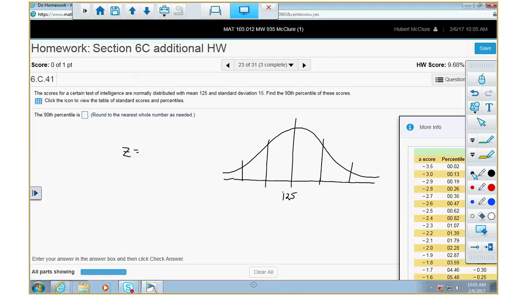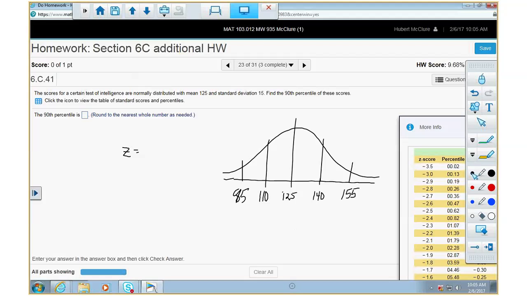So 125 and 15 will give us what? 140. And 140 plus 15 will give us 155. And 125 minus 15 will give us what? 110. And 110 minus 15 will give us 95. Okay, so 95% falls within 2 standard deviations.